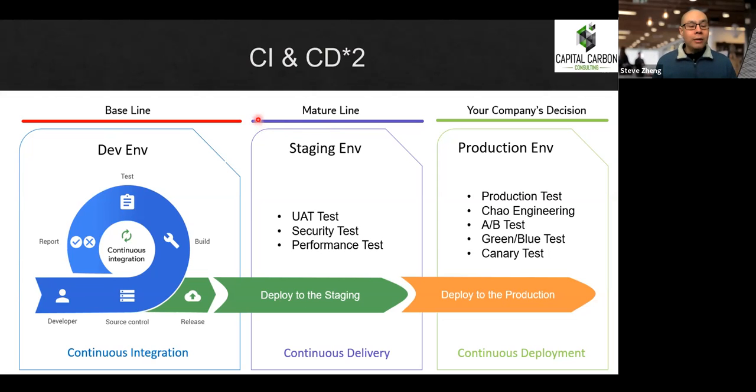And implementing continuous deployment or not is your company's decision. Sometimes the company wants to control the release schedule. What does this mean? It is not to say that if one company has continuous deployment implemented, that company is more advanced than the company with only continuous delivery. They are the same. Okay.